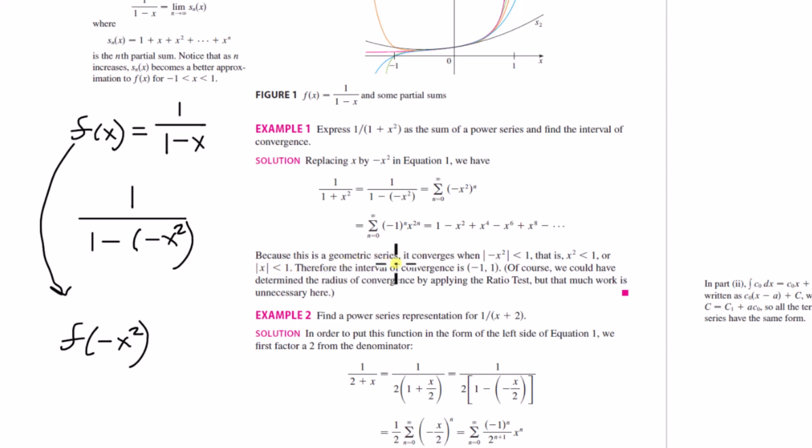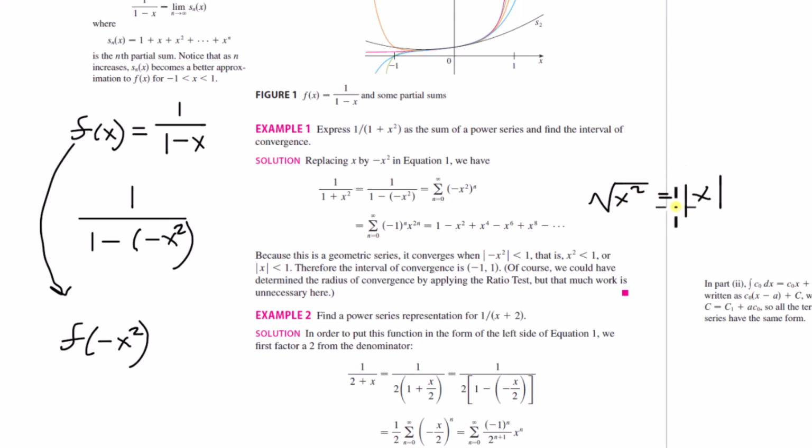It's a geometric series, and it converges when the absolute value of minus x squared is less than 1, which means that's when x squared is less than 1. But you take the square root of both sides, and remember, the square root of x squared is the absolute value of x, something you really need to remember. The square root of x squared is not x, it's the absolute value of x. And why is that?